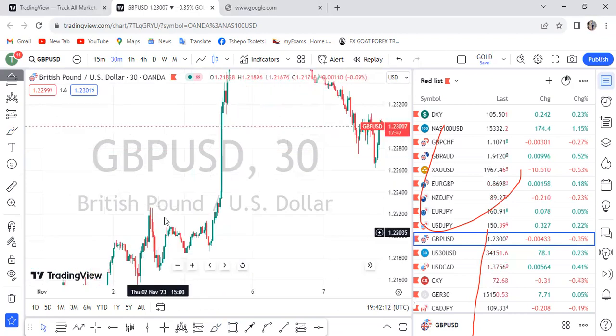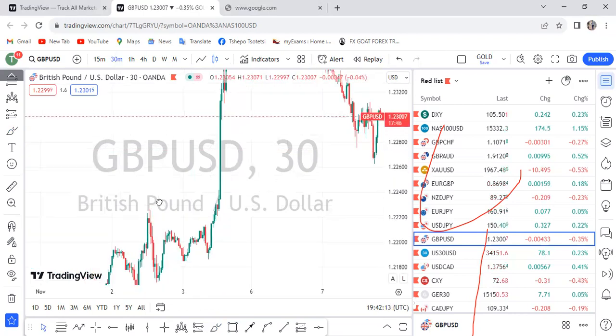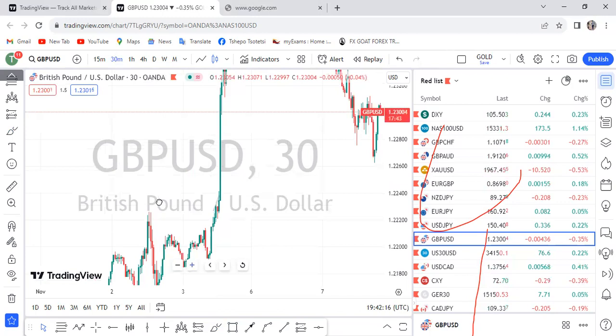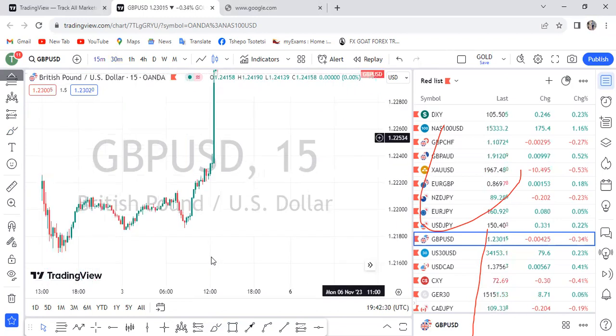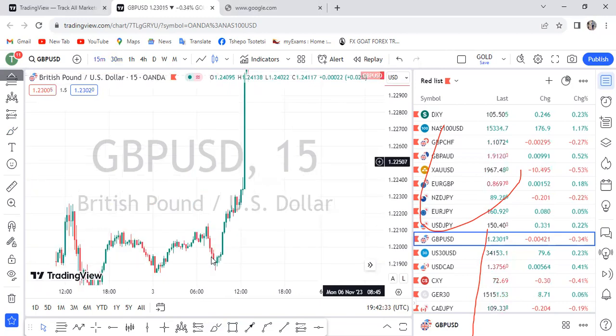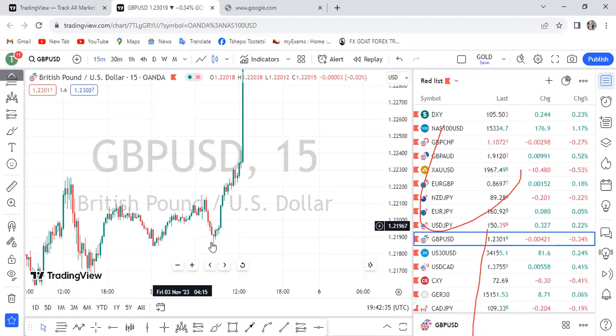If you go on a smaller time frame, you can see what types of candlesticks we have here. Let's look at 15 minutes. Okay, we can see we have a pin bar.